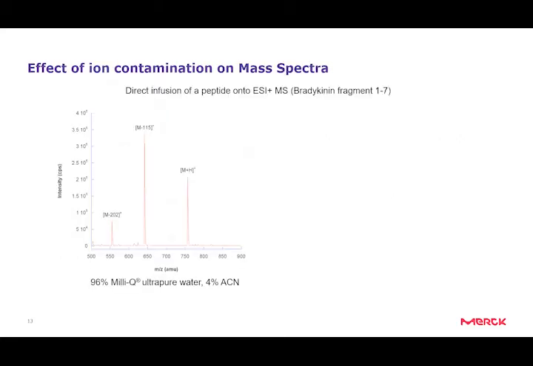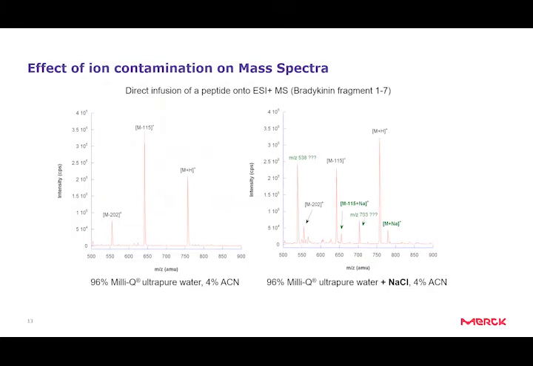The effect of ion contamination also has to be watched out for in mass spectrometry. For example, here we are using a fragment of a peptide called bradykinin, infused directly into the mass spectrometer.